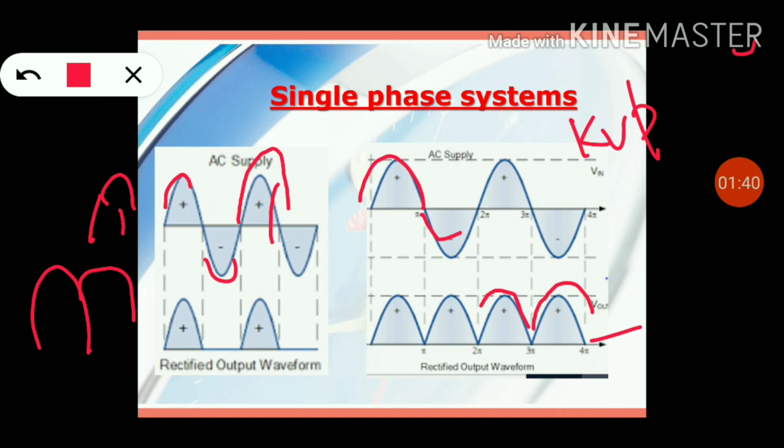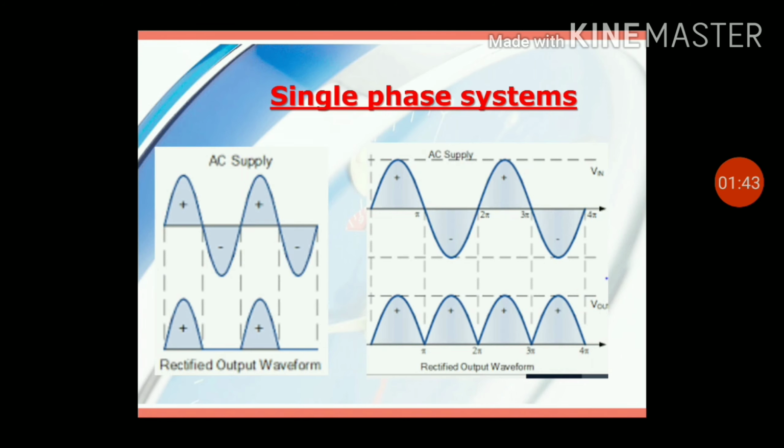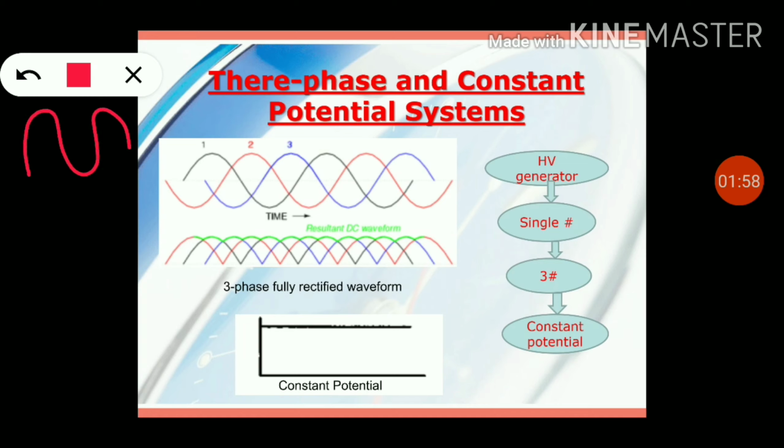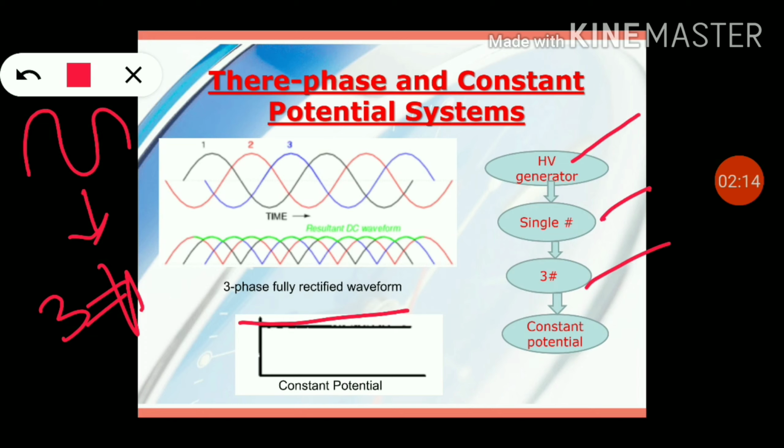With the advancement of the high voltage generator, from single phase it comes to three-phase and then to the constant potential generator. So single phase, then three-phase, then we get the constant potential.